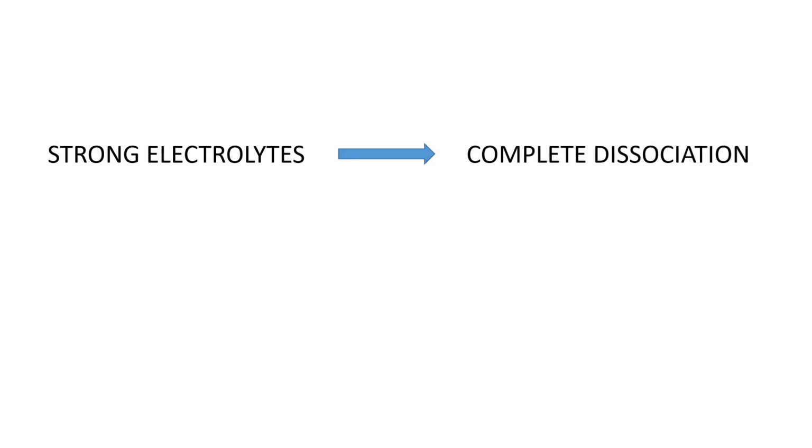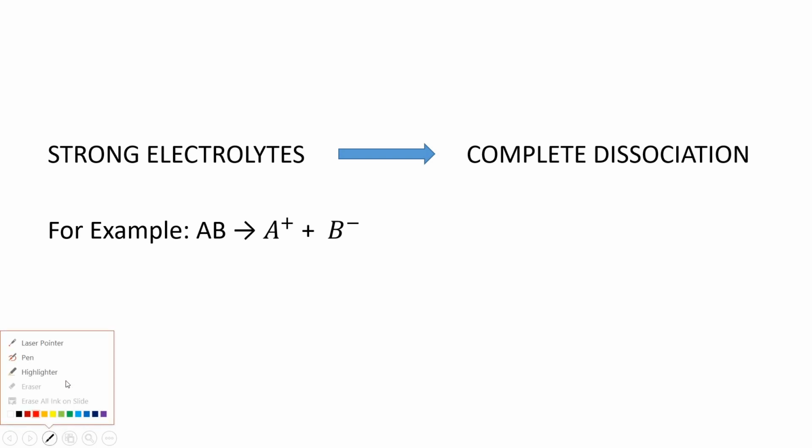For example, AB dissociates to give A plus and B minus. As you can see here, a single arrow is given, which indicates only a forward reaction taking place. This dissociation is a complete one.